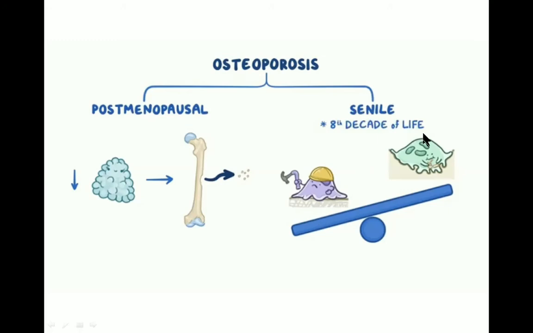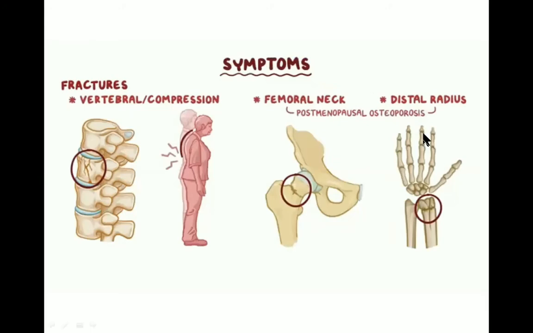senile osteoporosis. Coming to some of the symptoms, usually in the beginning you won't see any symptoms in osteoporosis unless and until the bone undergoes a fracture. The major site where the fracture occurs is the vertebral column, either compression or fracture. This compression or fracture in the vertebral column usually causes lower back pain especially, and a reduced height.